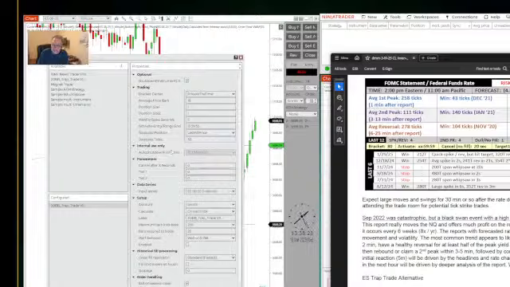Tier 1 is 38. Tier 1 is 38, and tier 2 is 55.